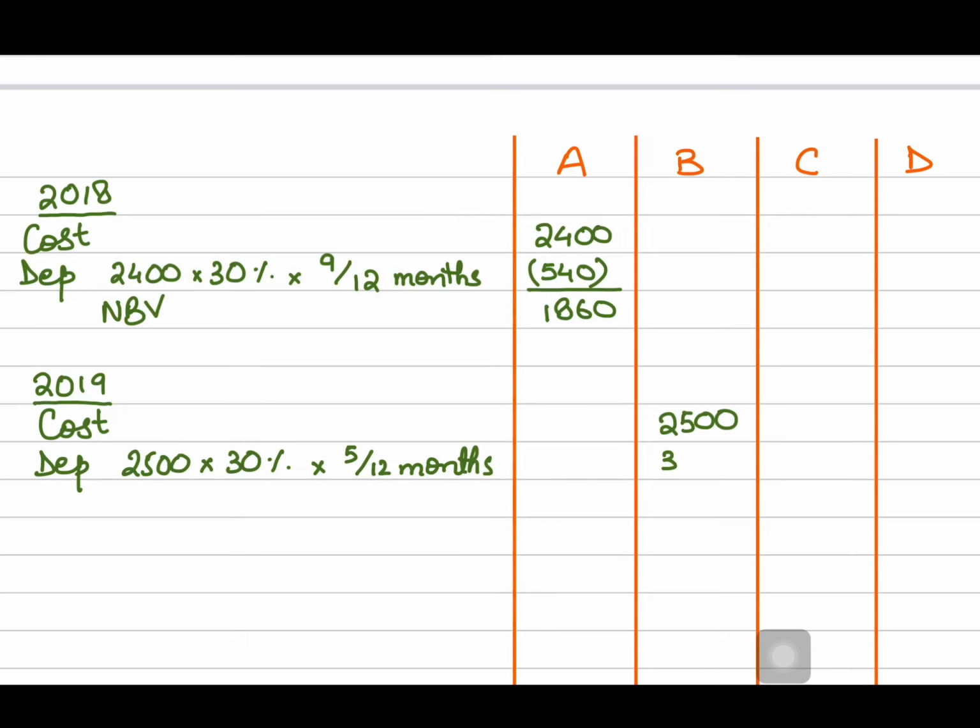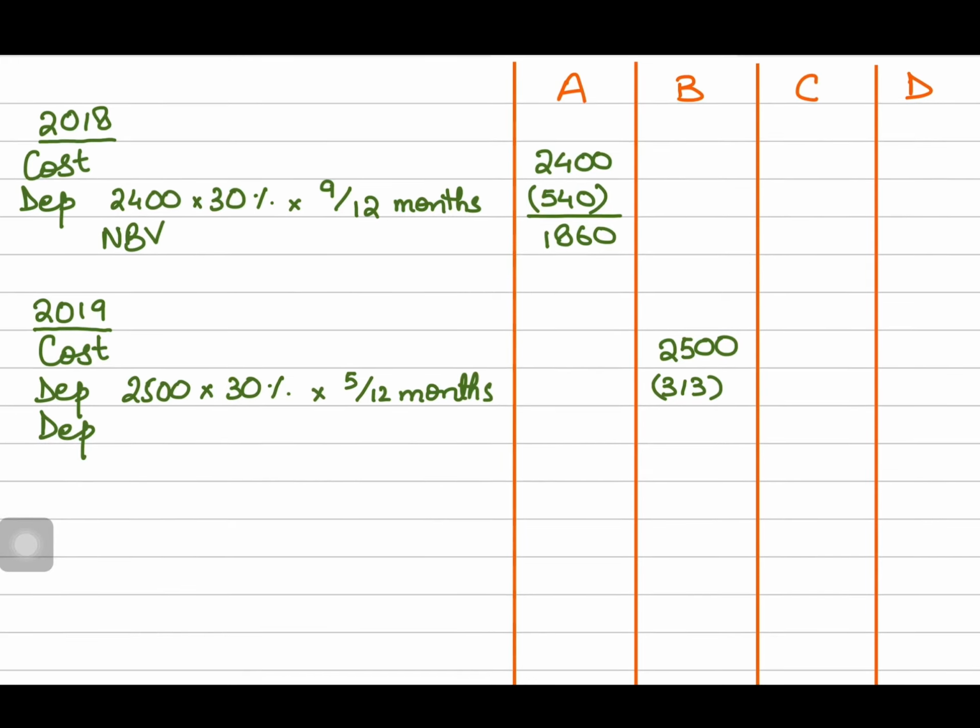Let's make it 313. But in this year we have the previous asset as well, that is machinery A, also here, right? So let's calculate depreciation on this asset as well, and then we'll calculate the net book value for both of these in the end. So now again, should I charge depreciation on the cost? No, this time on the net book value, that was 1860. So 1860 multiplied by 30%.